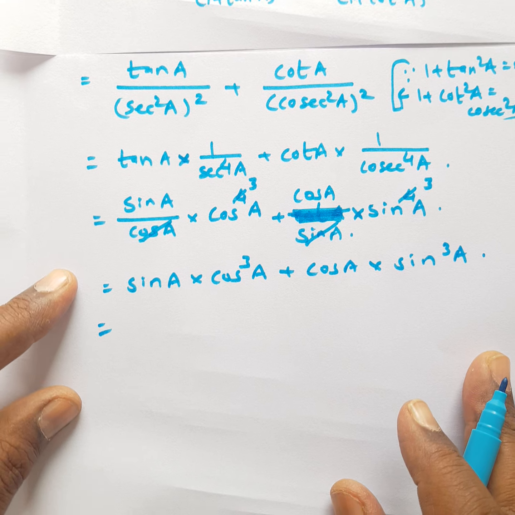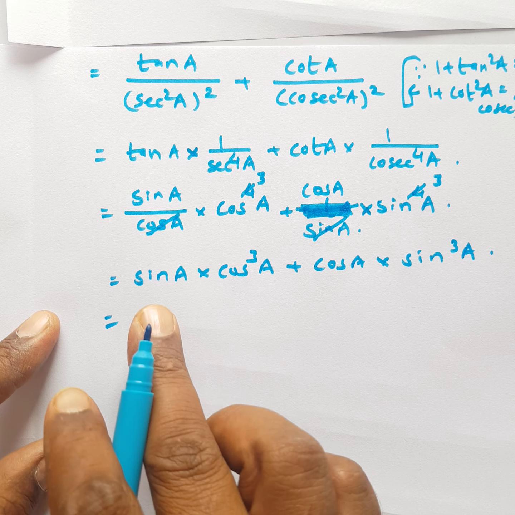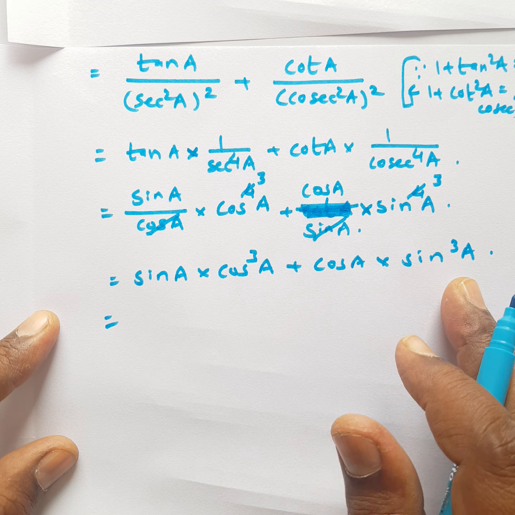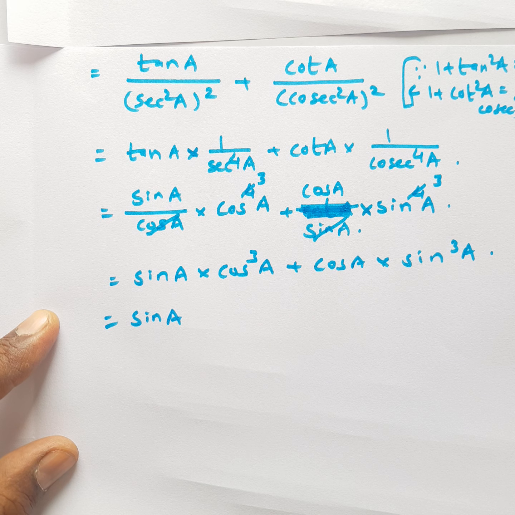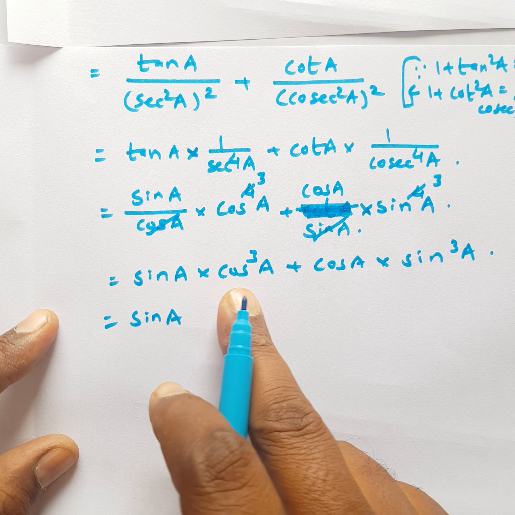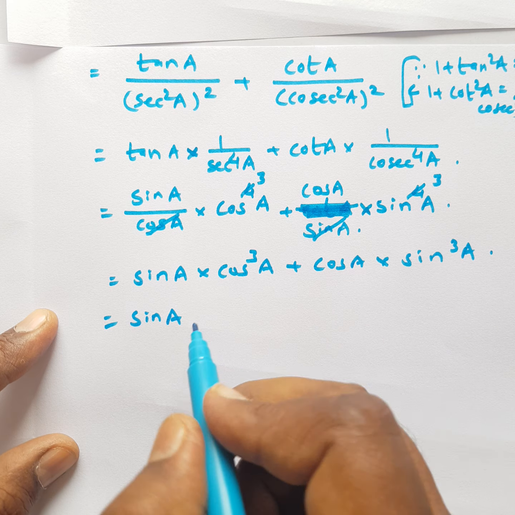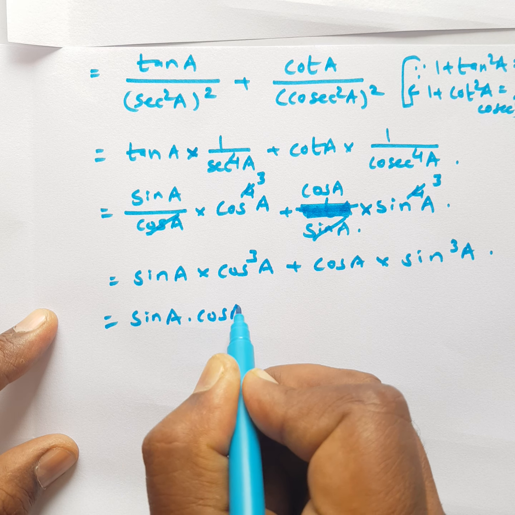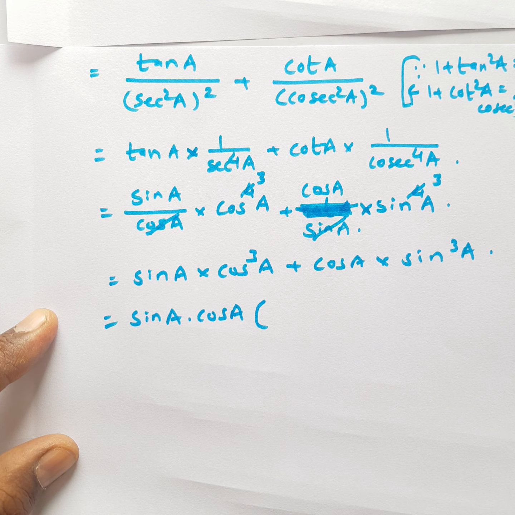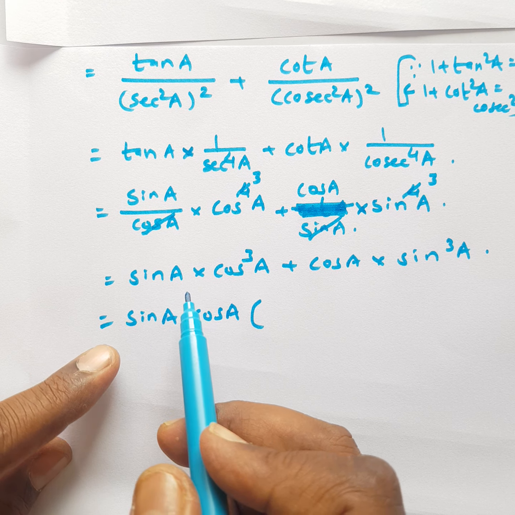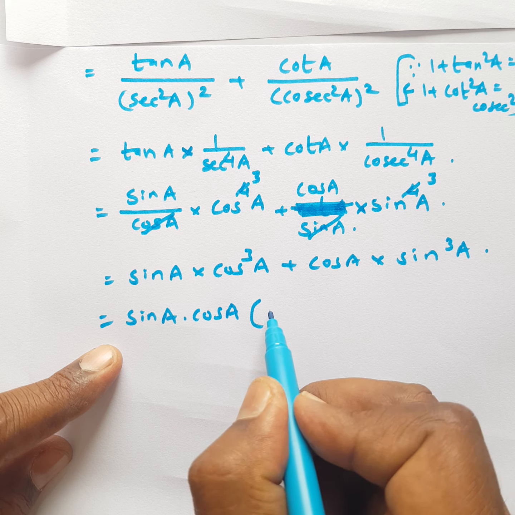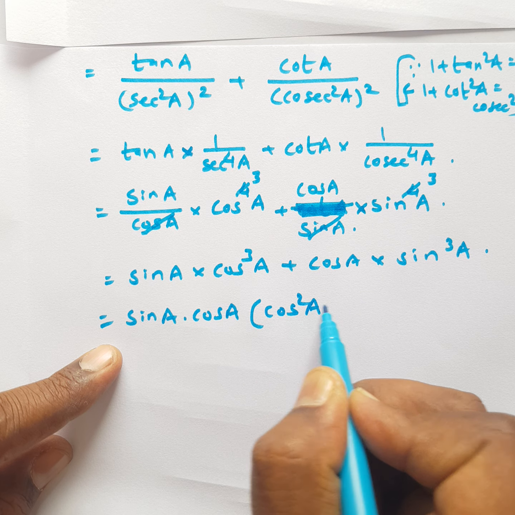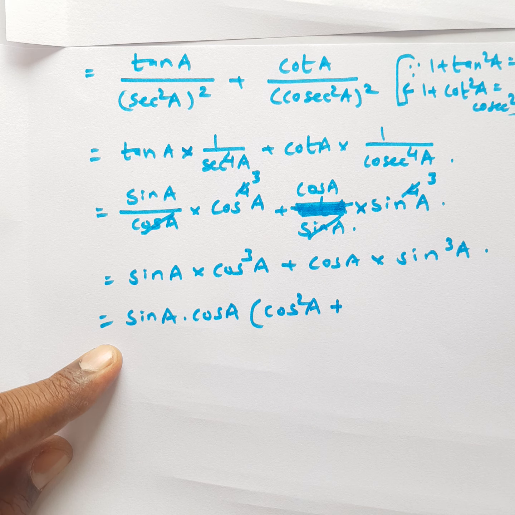Now, here sin A and sin cube A, therefore sin A is common in the two terms. Cos cube A and cos A, therefore cos A is also common. Into bracket, by taking sin A common and cos A common, here only cos square A remains in the bracket.